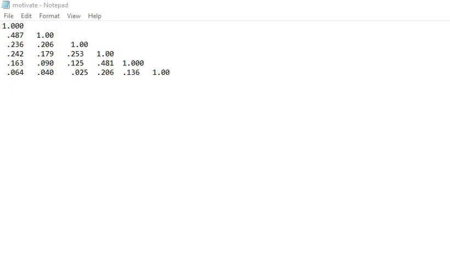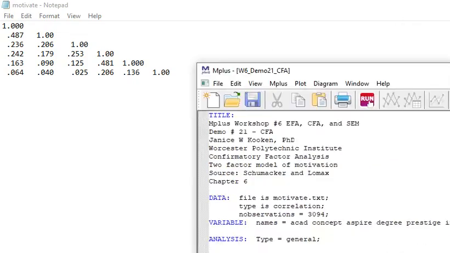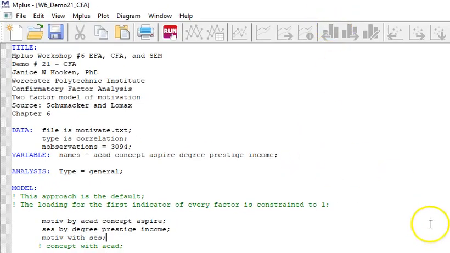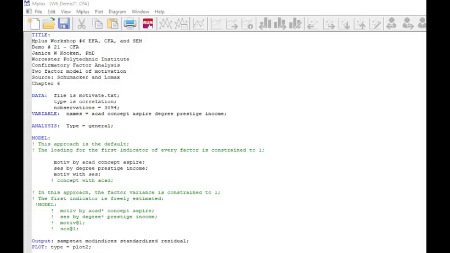Okay, so here, let me open this up a bit. All right, so here is Workshop 6, Demo 21 CFA. In this, as I mentioned, the file name is Motivate. It is a correlation matrix. The number of observations that we are assuming is 3,094.